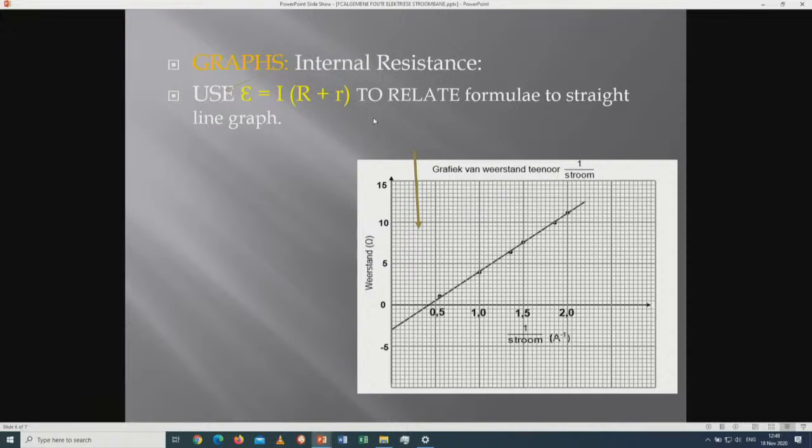That formula relates to a straight line graph. I think in this example, if I'm not mistaken, from November 2018 or 2019, they've given you this graph of resistance against 1 over the total current.